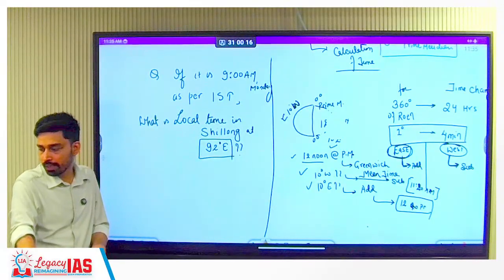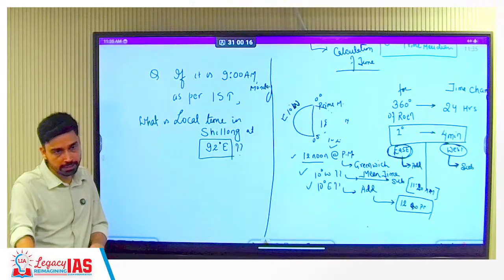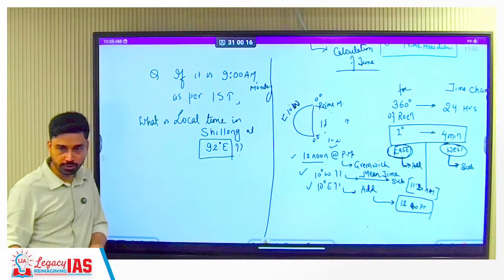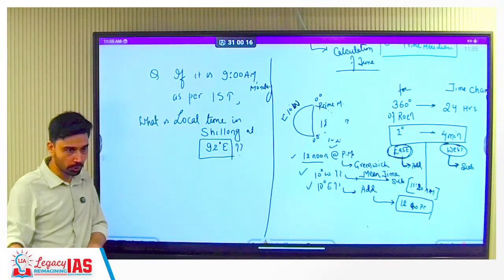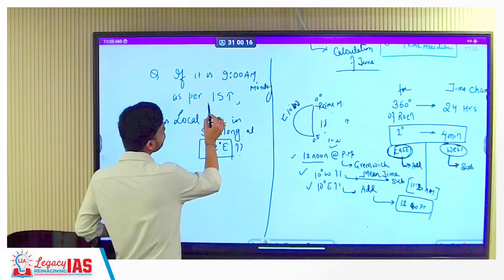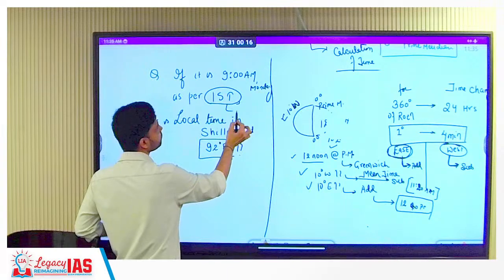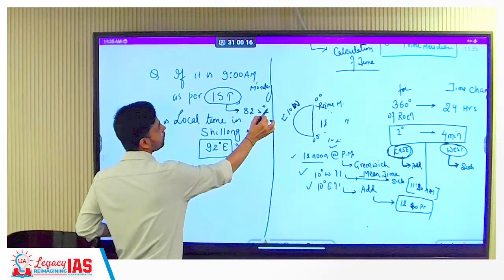Right. So how would you calculate this question? What is given here? Indian Standard Time. That means they have not given you the longitude used for calculation of standard time, because you are expected to know it, once you have studied geography. So can anyone tell me what is the longitude used for calculation of IST? 82.5 degrees east.